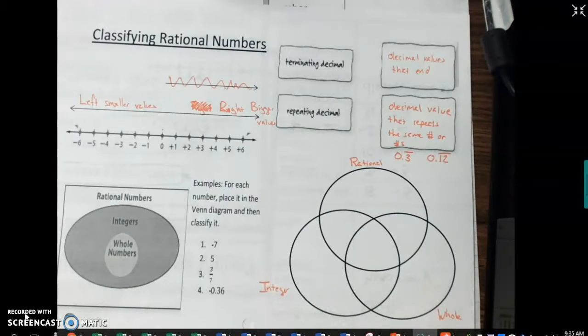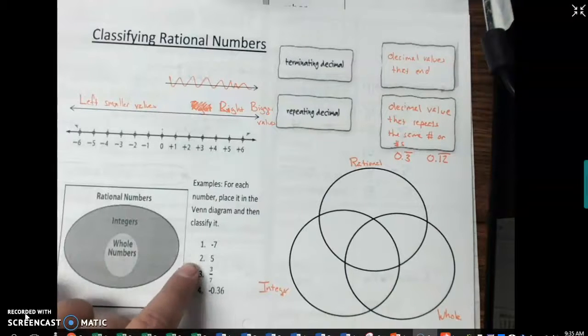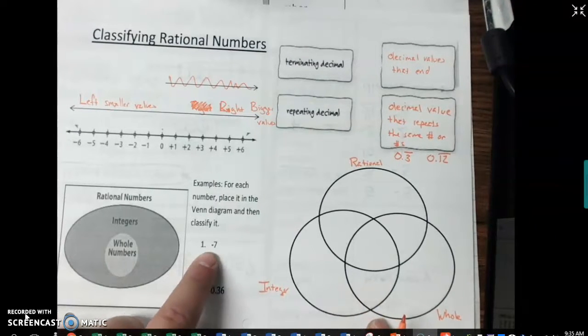Now, when we use the circle model like what's on the board, you can see pretty easily that all natural counting numbers fall into all the other categories, right? Integers also fall into which other category? Rational. Whole numbers fall into which other categories? Integer and rational.